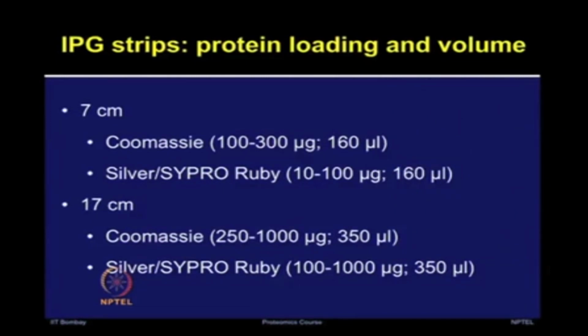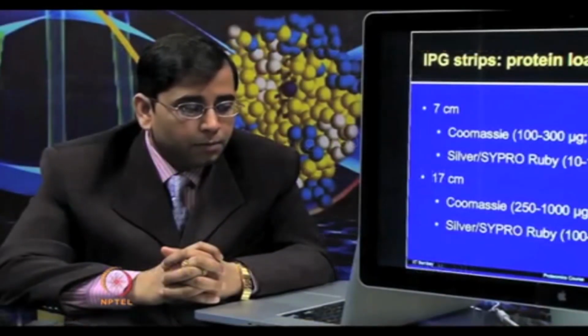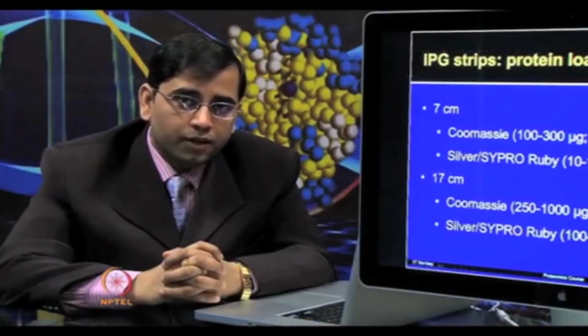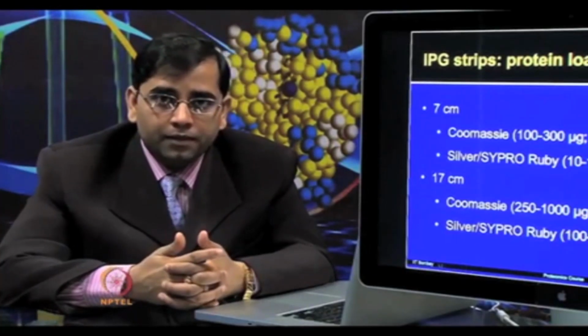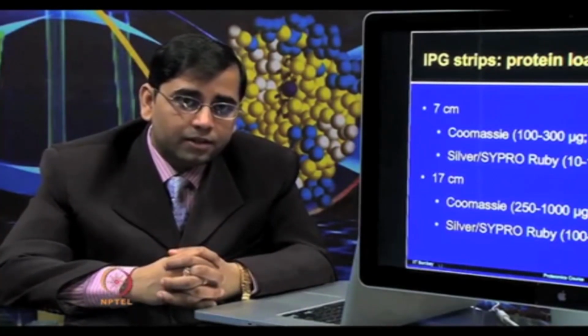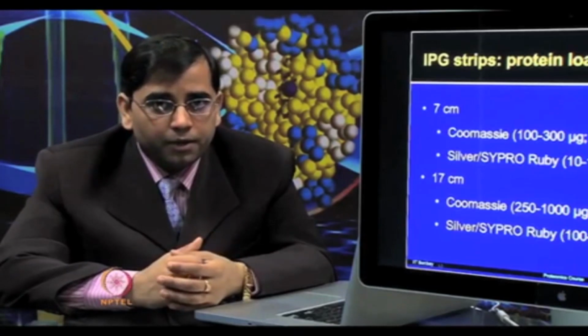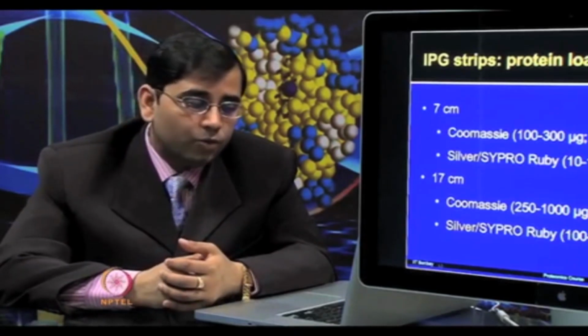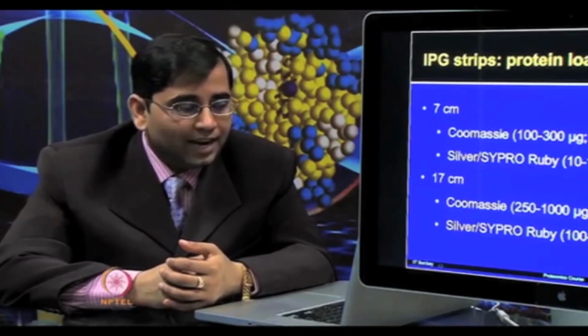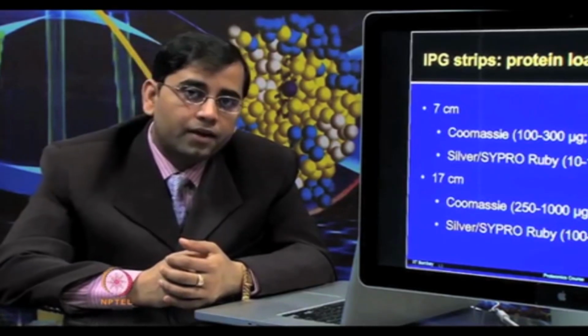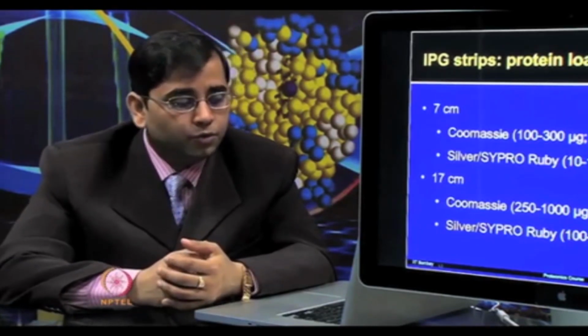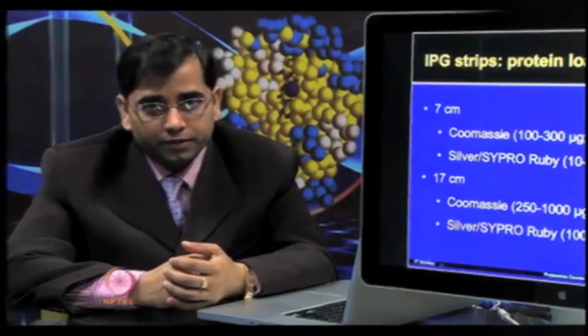Total reaction volume should not be more than 350 microliters. But if you do not have too much protein present in your sample, then still you can apply this method. You can apply the large strip, but then you have to stain with silver or Sypro Ruby. In that case, you can load between 100 to 1000 microgram of protein.